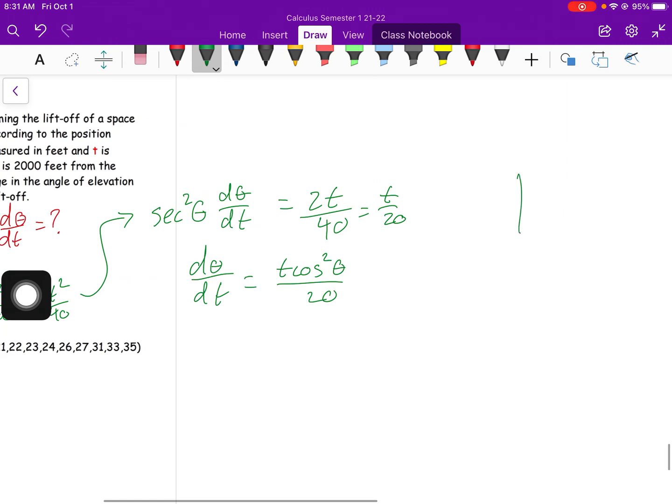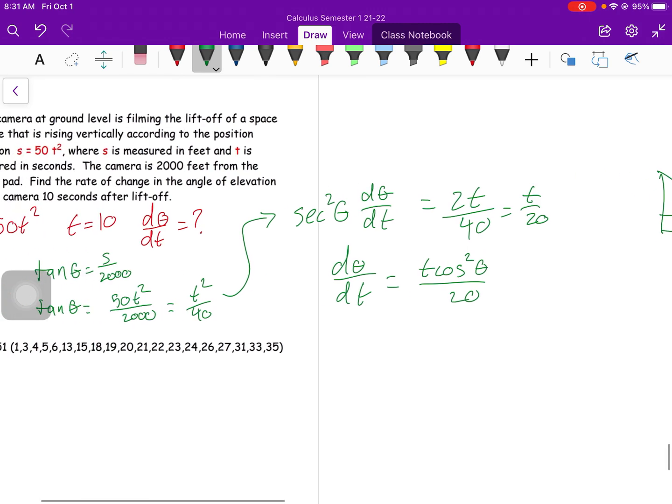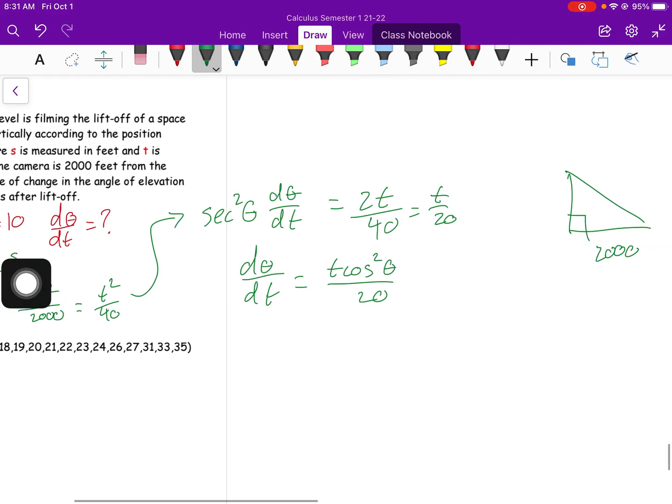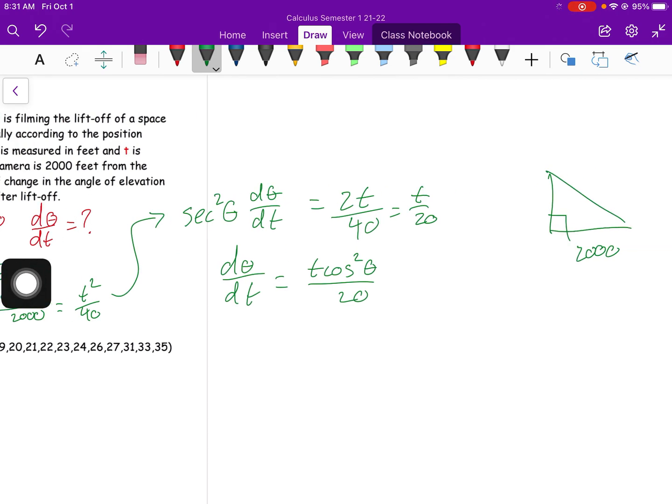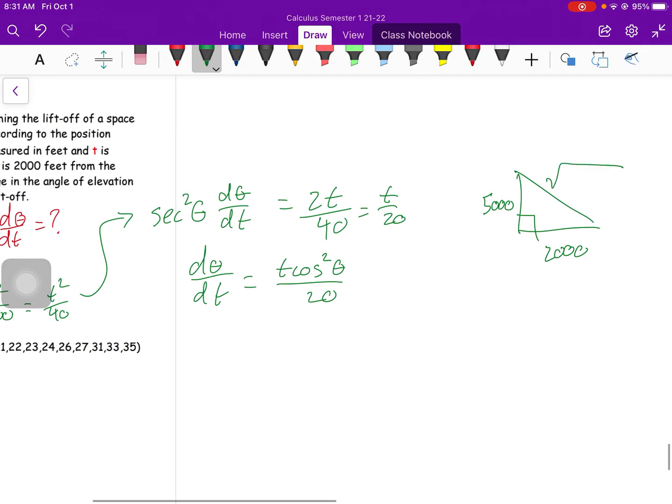So I'm going to draw a triangle off to the side here. I know that the camera is still 2,000 feet away. I know that at 10 seconds, based off of this function right here, I have 50 times 10 squared, which is going to be 5,000. If you use your Pythagorean theorem, you're going to get 29,000,000.